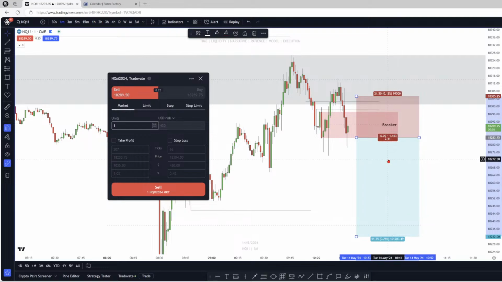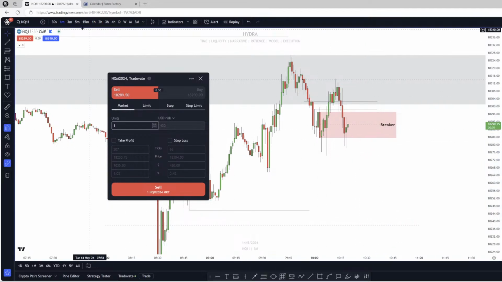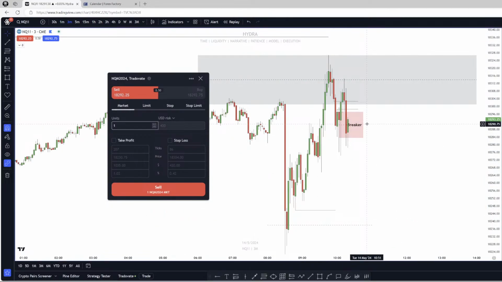As long as we don't have a closure below, our breaker is not valid. And we just kept building more and more sell side here. That's what I see. We are delivering liquidity in high resistance and just chopping for now.